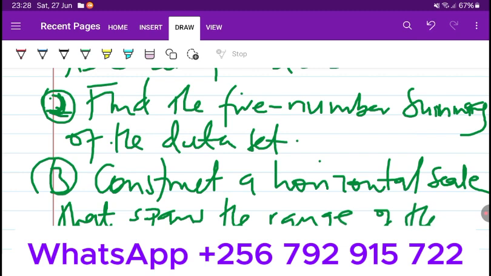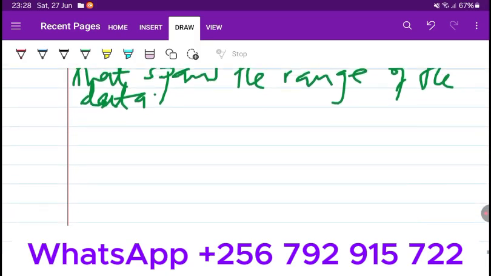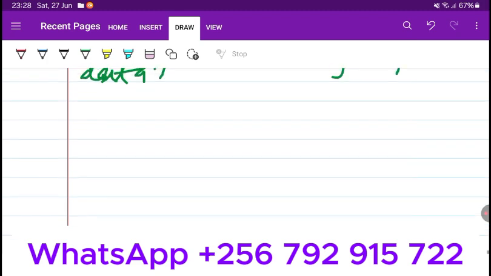When you're finding the five number summary, you start with the smallest number, the minimum entry. You look at the first quartile, which is the lower quartile, then the median, which is the second quartile, and then the third quartile. We shall understand more about what to do with quartiles.